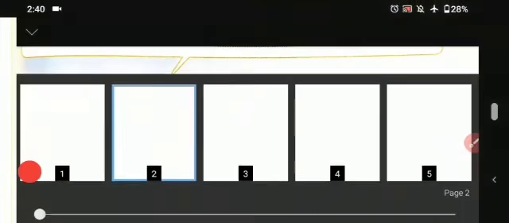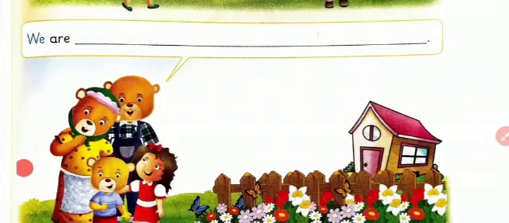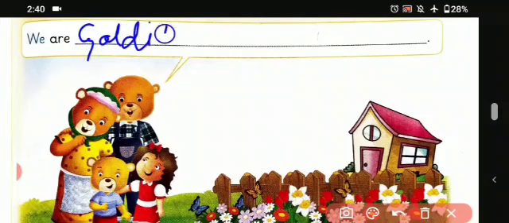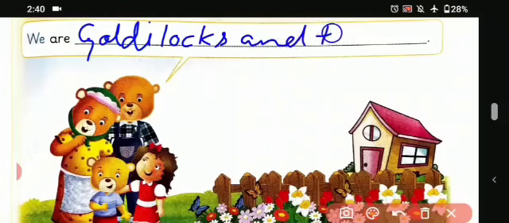So now we will do, we are Goldilocks and 3 bears. So students, now we are Goldilocks and the 3 bears.